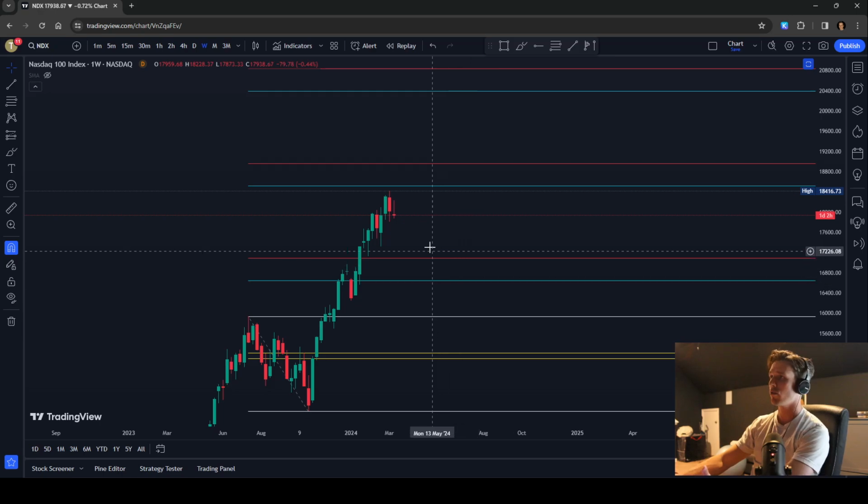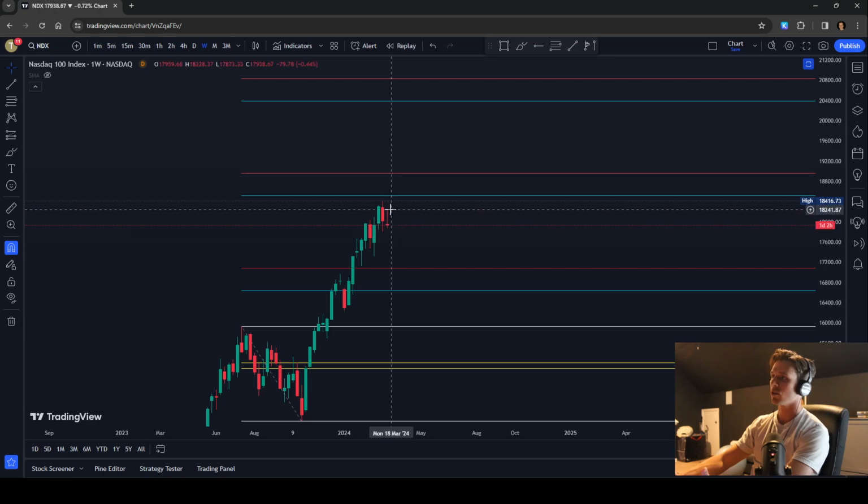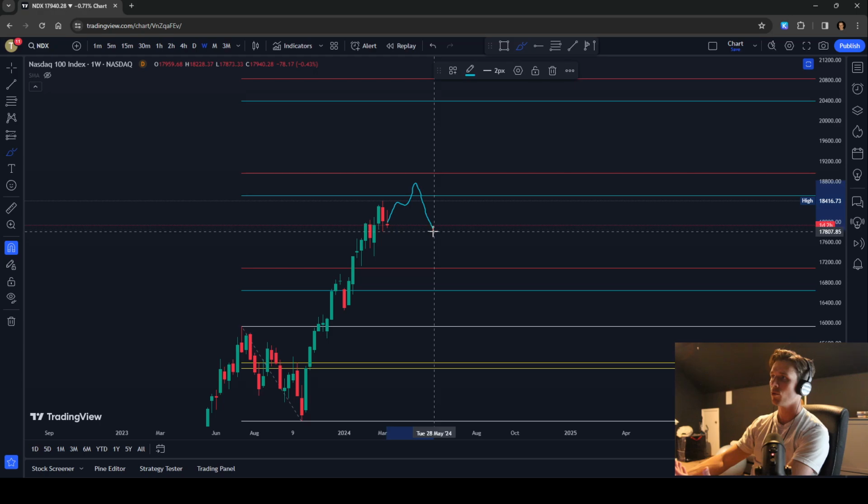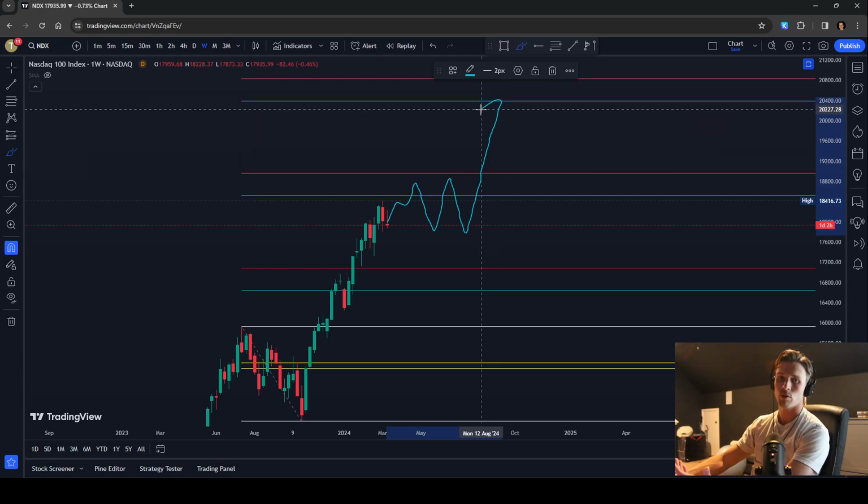So potentially for the NASDAQ, we haven't traded fully into this level, but the fact that there's a little bit of hesitation in front of it could show that potentially we have another few weeks of moving into this before we either spend some time consolidating here before moving further into a zone higher, or coming to retest this and then putting in consolidation.